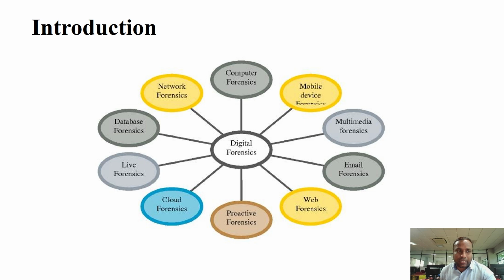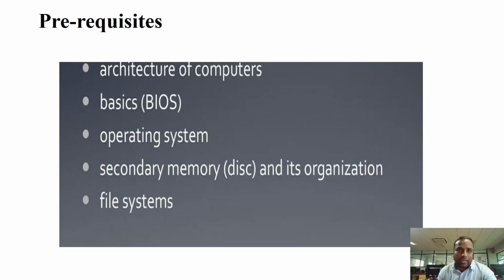Now you can see here they can hack through databases or network based attacks, etc. If you know some basic ideas of networks, you can learn digital forensics easily. The main architecture of computers is required, and the basics of BIOS and operating systems.